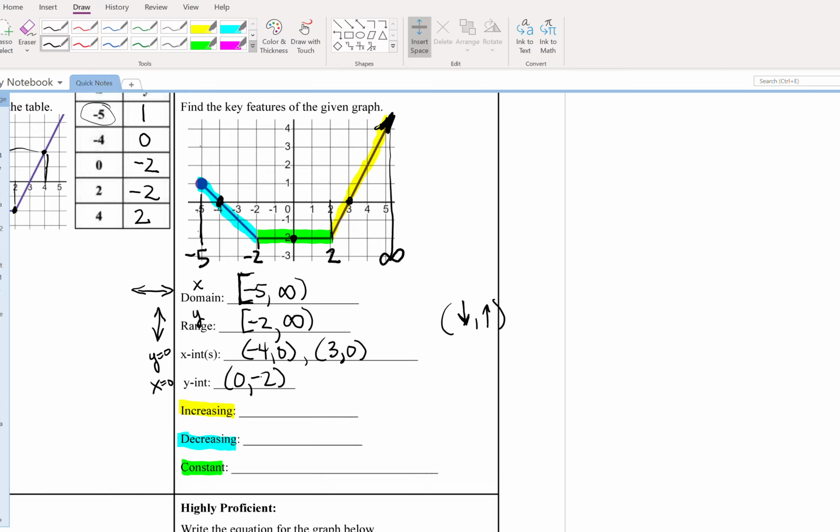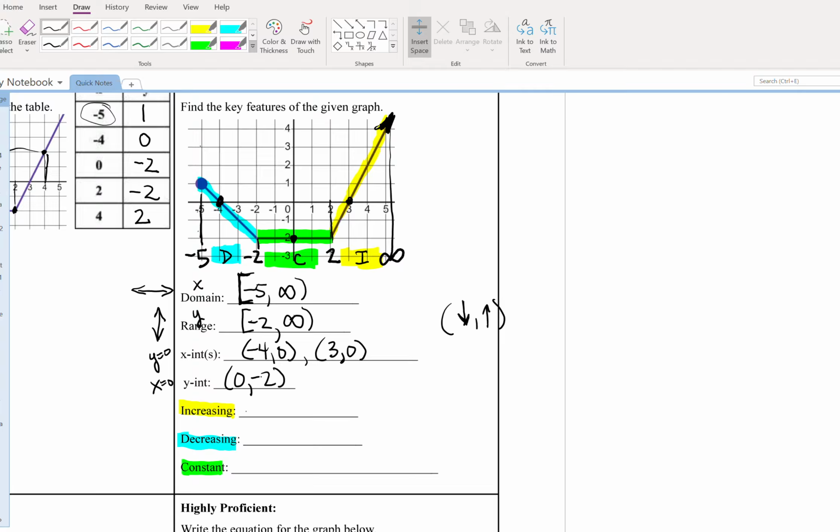And so I think it's helpful to kind of label that one here, this one here, and then this one here. And I'm color coding it because I think it helps. But this is, I'm going to put D for decreasing. This is C for constant, and this would be I for increasing.